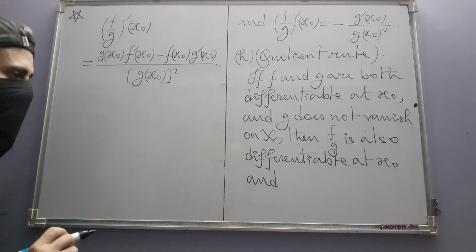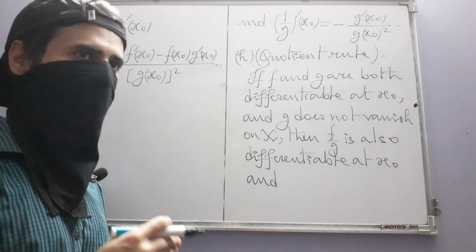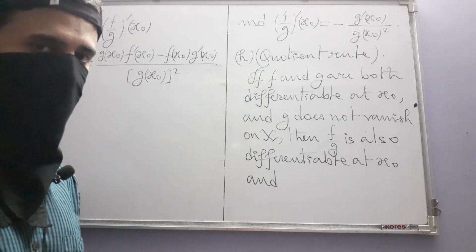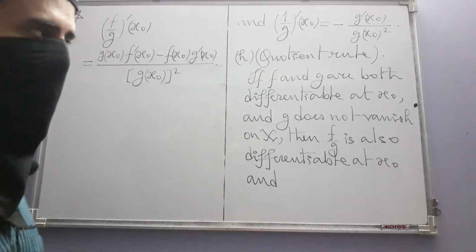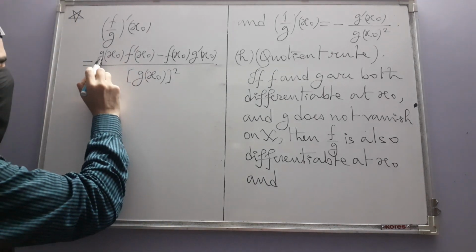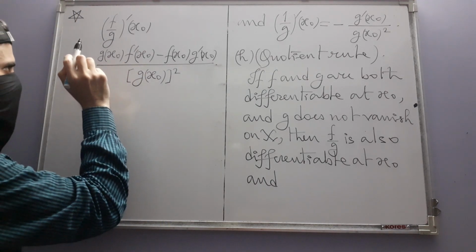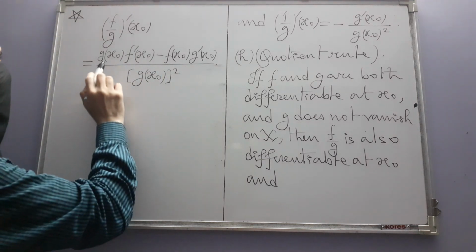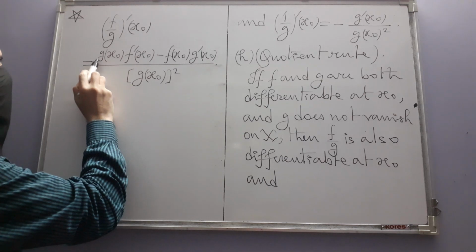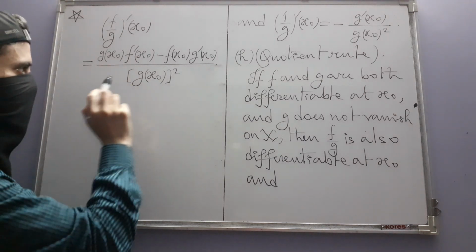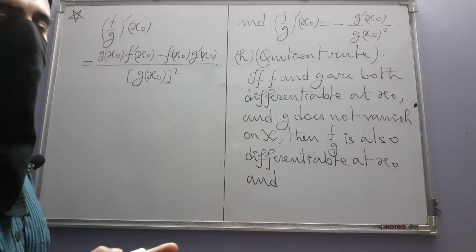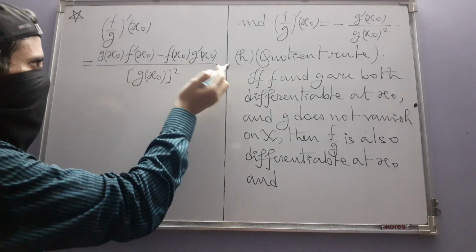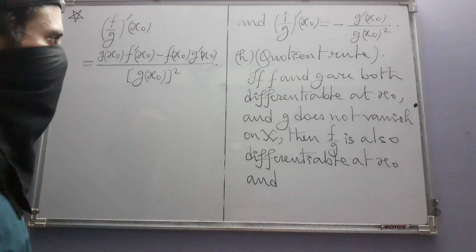So in the product formula, it does not really matter which function you are differentiating first, because a sum is always commutative. Here, however, you should remember that the term which does not have a minus sign before it should have the denominator value multiplied by the derivative of the numerator, and then minus the other thing. Okay.